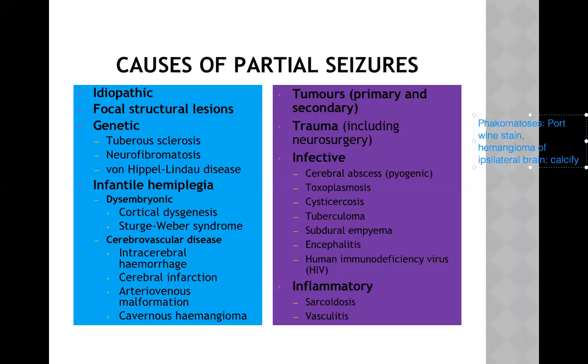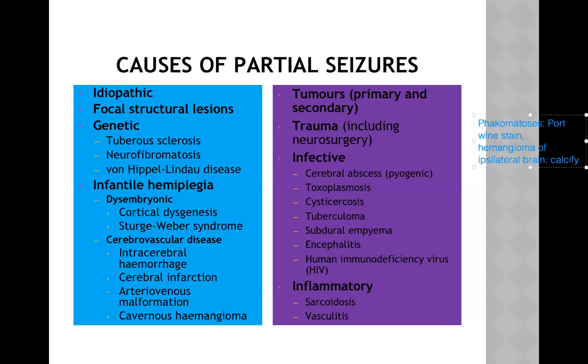Now, remember, if the ipsilateral brain is affected, then seizure occurs on which part of the body? Contralateral side. Very good. Opposite side. Excellent. Contralateral or opposite half of the body. So, one important point you should never forget in case of Sturge-Weber syndrome: you see port wine stain on one side of the face, but seizure occurs exactly on the opposite half of the body.